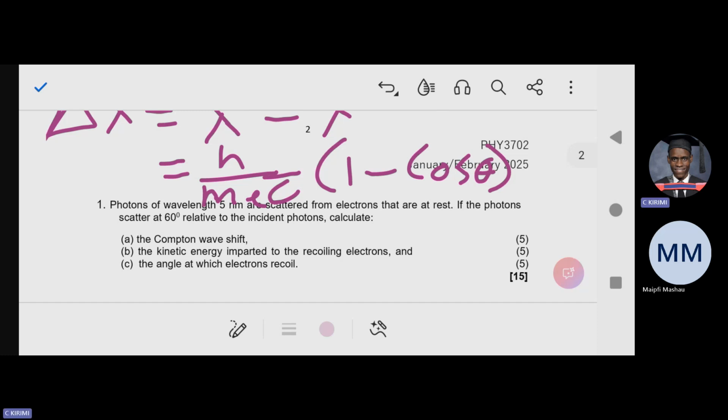So the kinetic energy imparted to the recoiling electron.